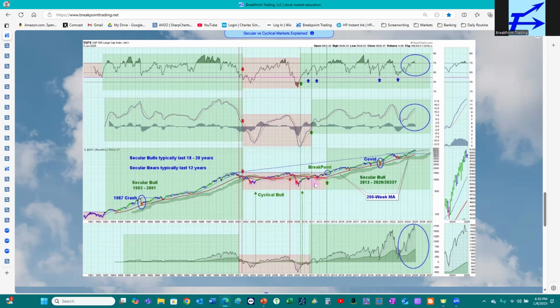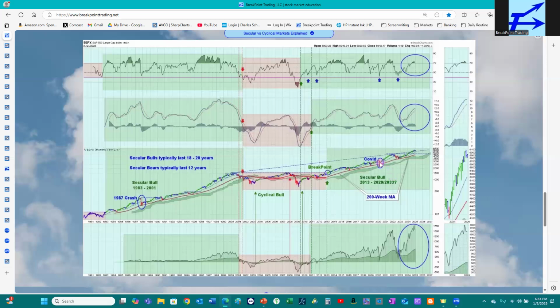So if you knew that about secular bears, you would have known right there that when it hits this point, it's going to get rejected and something's going to happen. And something certainly did. But when it got here, it broke out, and that started the new secular bull, which could run till 2029, the anniversary of the 1929 market crash, coincidentally.